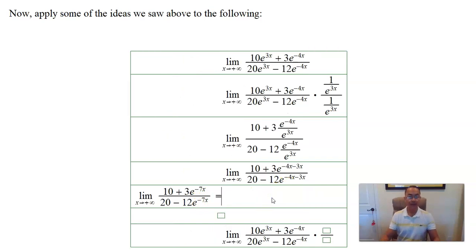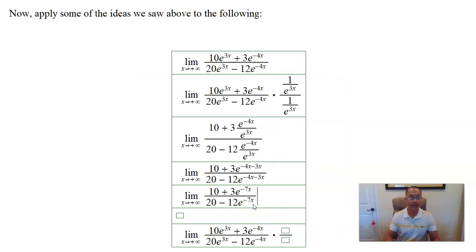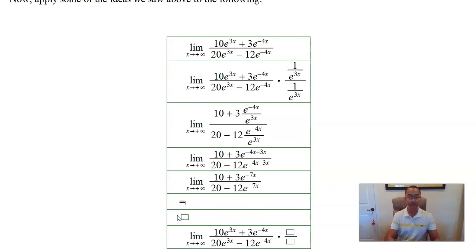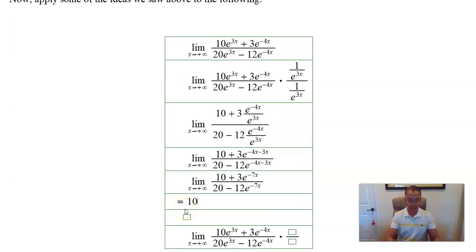And we are left with simply, let me do that on the next line, it looks better that way. We are left with simply 10 over 20, which is also known as 1/2, of course. That's great. We made the right choice in multiplying and dividing by 1 over e to the 3x, because the resulting exponential function goes to 0 as x goes to plus infinity.